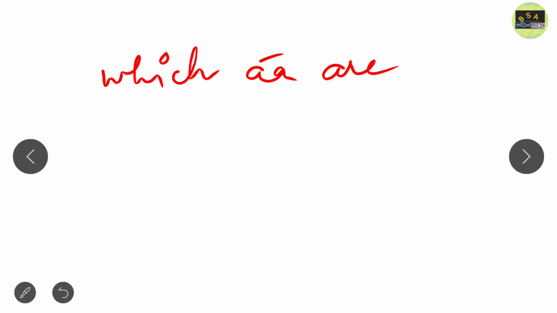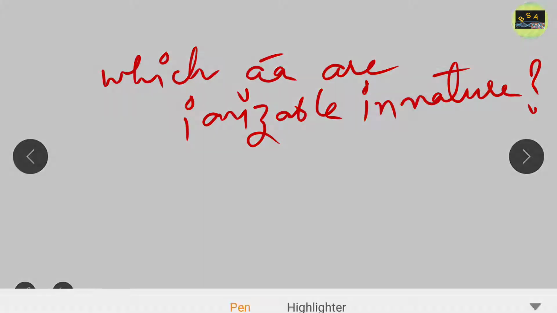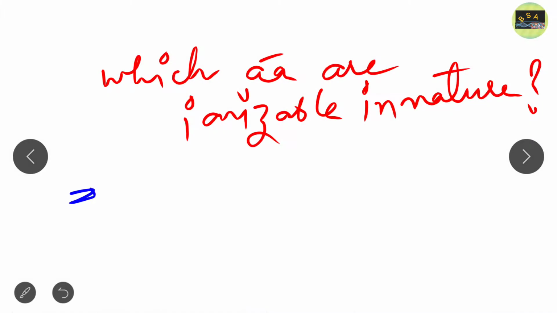Before I start, you have to know which amino acids are ionizable in nature. First of all, I recommend that you take a copy and pen and write down all the things that I discuss here.